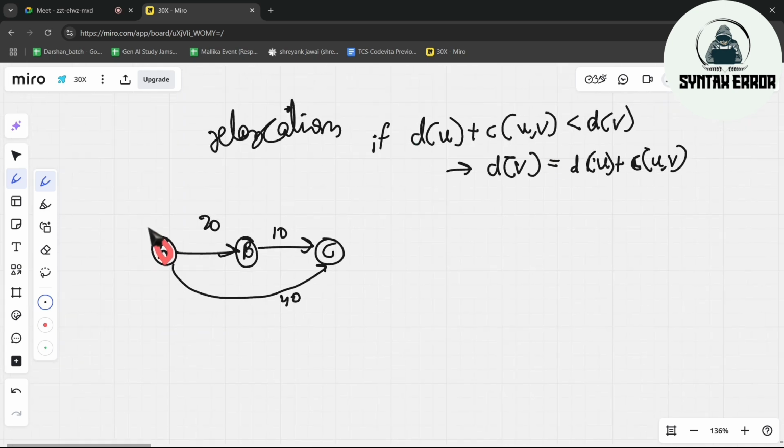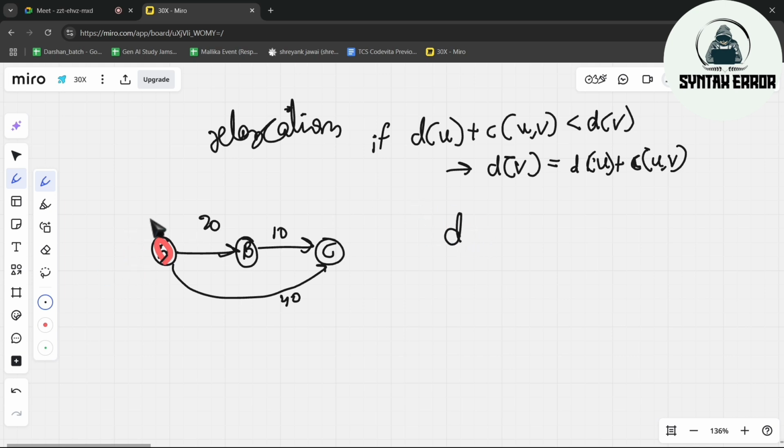So first step, we will take this as U, this as V. So guys, one logical question. You are at source A, and you want to travel to A. What is the distance?